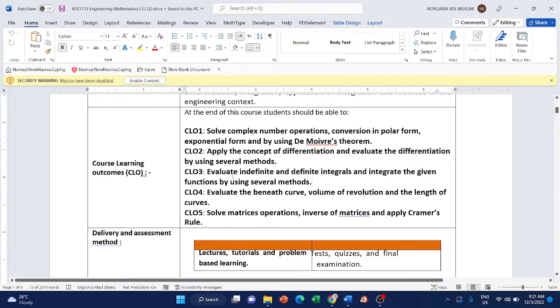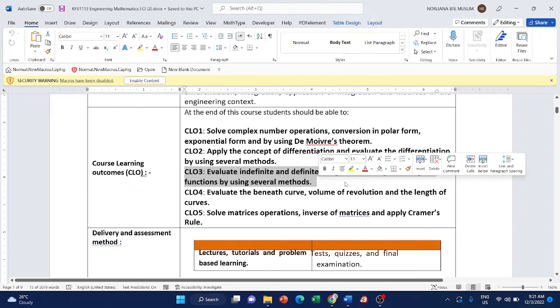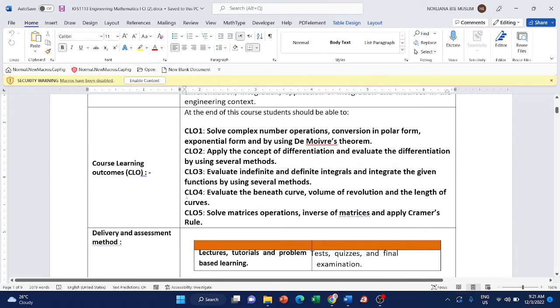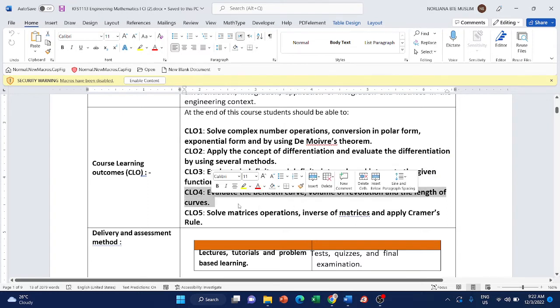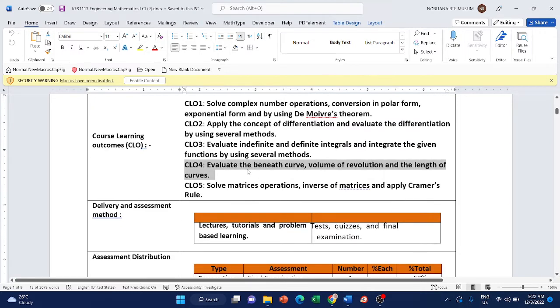In chapter 3, we will learn integration, the techniques of integration and its applications in engineering. Chapter 4 is mostly about other applications related to integration, such as volume of revolution, arc length, and so on.